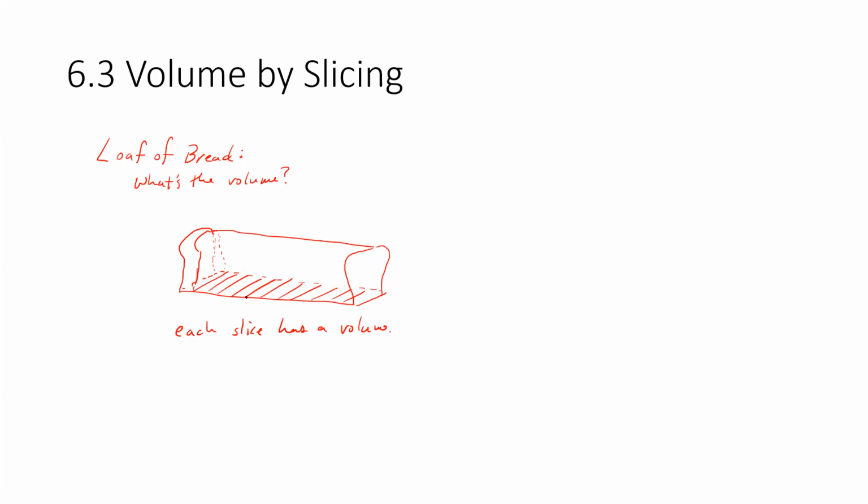So let's take maybe one representative slice of bread here. Maybe it looks like this. So we've got some loaf of bread and our slice of bread here. So it's got a certain thickness to it.